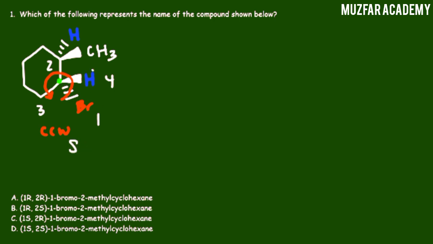But hydrogen, group number 4, is not in the back, it's in the front. And we want it to be in the back when we try to figure out the absolute configuration of the chiral center. So we're going to have to reverse our answer.